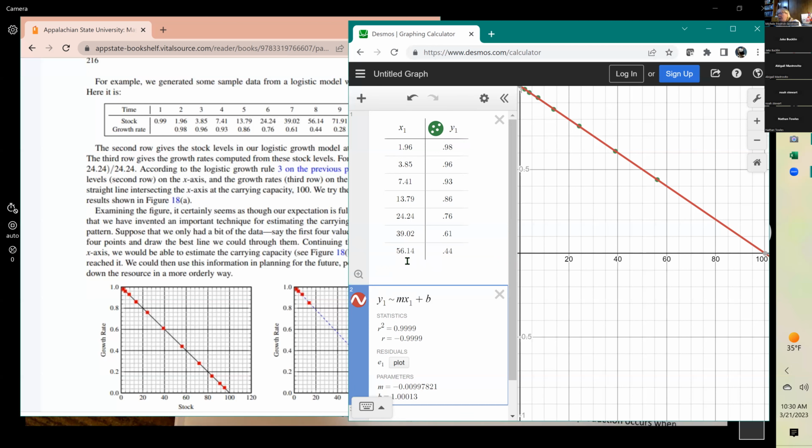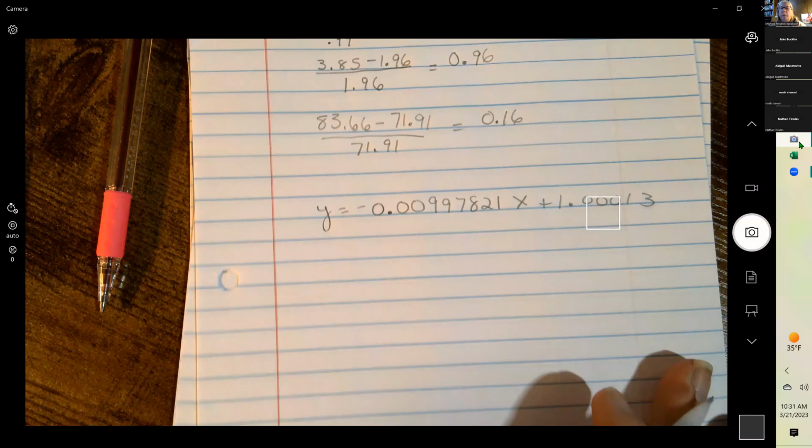What that means is, let me write the equation down first. If we write the equation, y equals mx plus b using this m and this b, y equals a negative 0.00. Okay, so I wrote the equation.